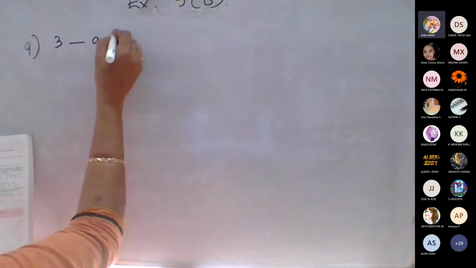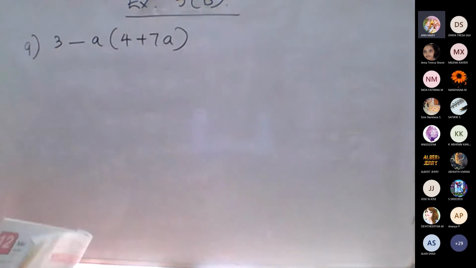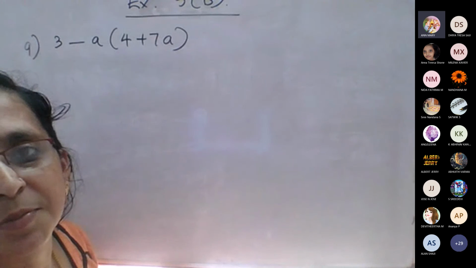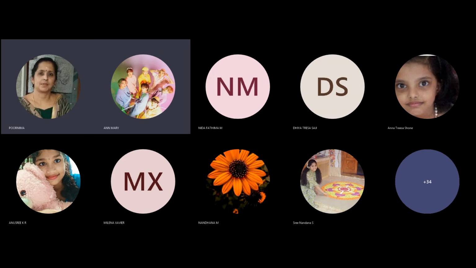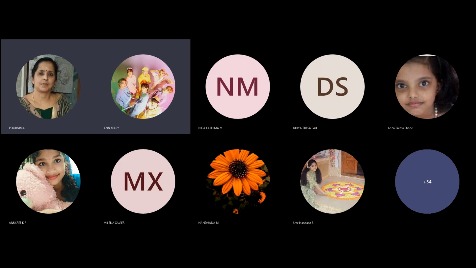Three minus a into 4 plus 7a. For the time being, I will turn off my video. Just write. What did you get after changing the brackets?